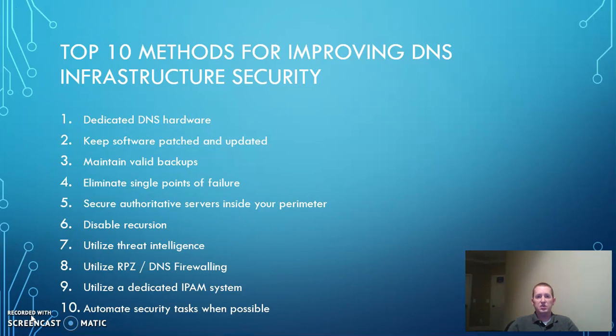For DNS infrastructure, they specifically recommend utilizing dedicated DNS hardware or software that is preferably a full-blown IP address management solution that has the capability to configure response policy zones, resource rate limiting, DNS security extensions, and can leverage threat intelligence information to help secure the environment.